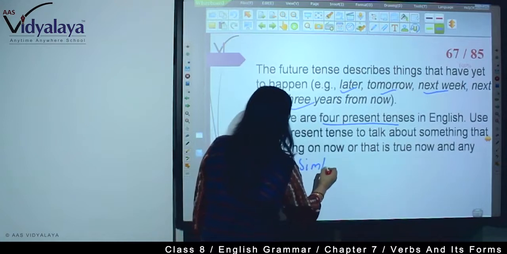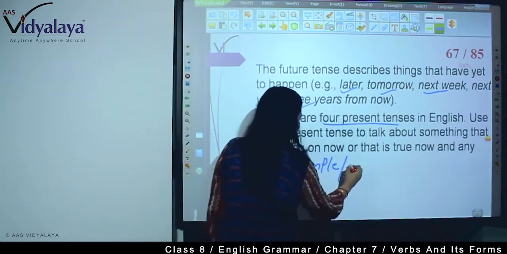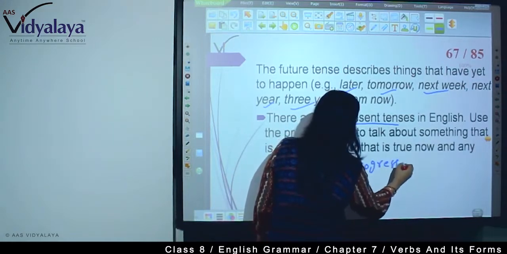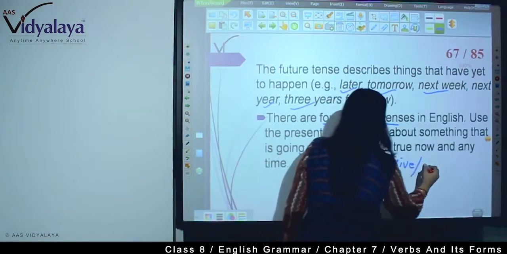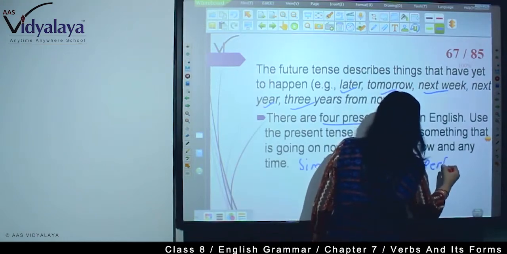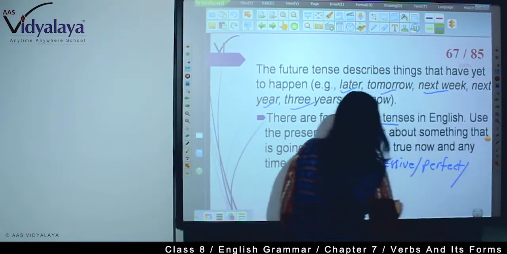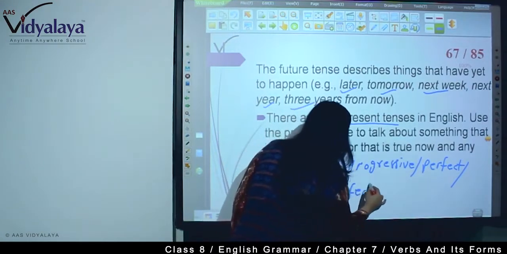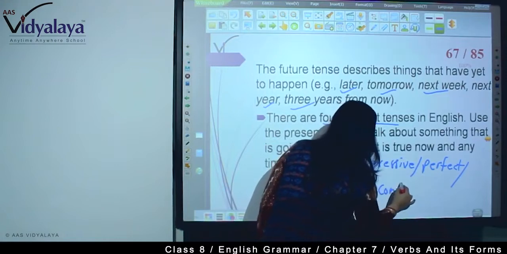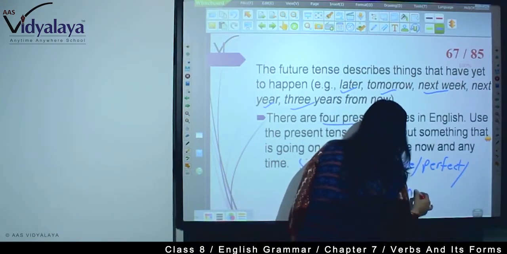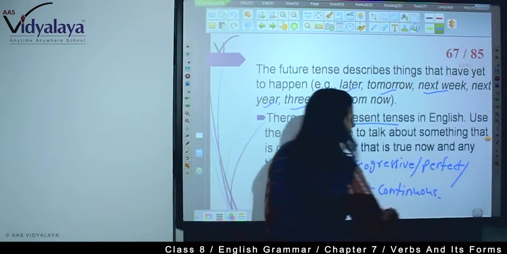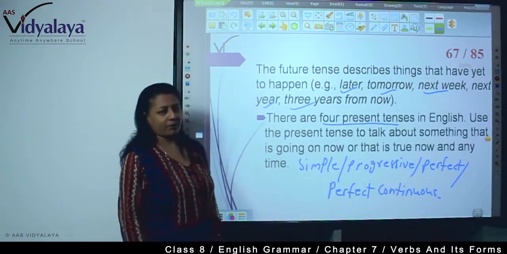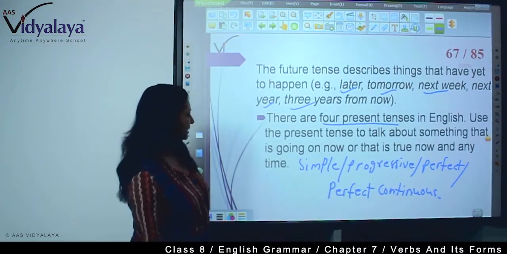Simple, progressive, perfect and perfect progressive or perfect continuous. So you are seeing simple, progressive, perfect, perfect continuous. There are 4 present tenses.